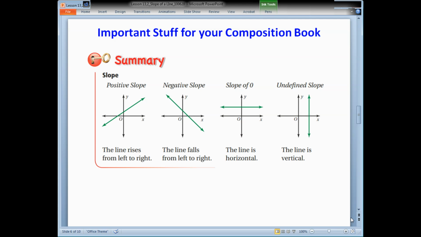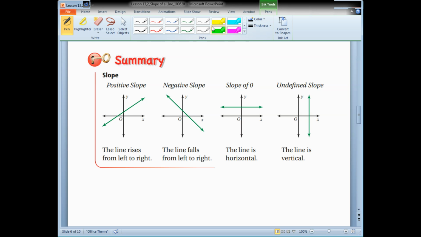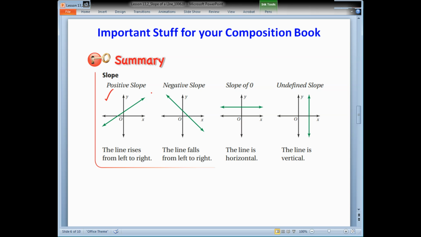So here's kind of a summary. These are good things to remember. We talked about positive slope already, right? We talked about what that means. Check. We talked about negative slope. The line falls from left to right. Check. A slope of 0. So think about the formula. Slope equals y sub 2, that's a small 2, minus y sub 1 divided by x sub 2 minus x sub 1.